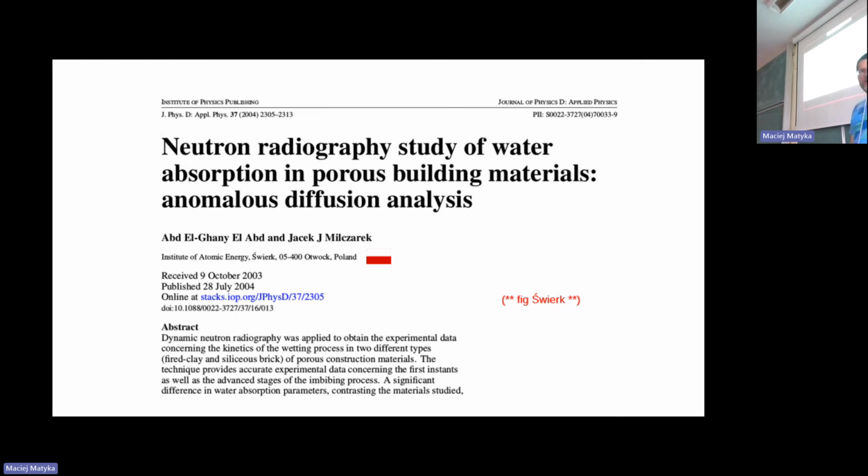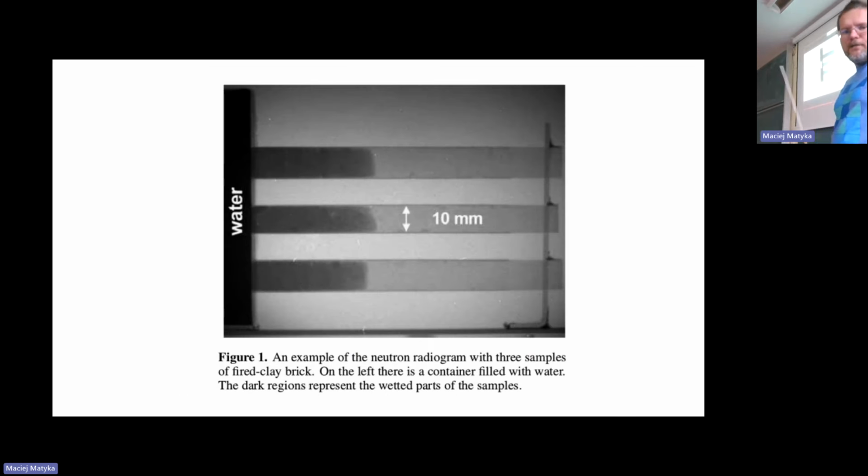Why neutron radiography? Because that was an experimental technique that allowed one to see water propagating through the brick, which is usually not simple, because how do you look into the brick? You have to cut it or something. Anyway, there are some experimental results in the paper.